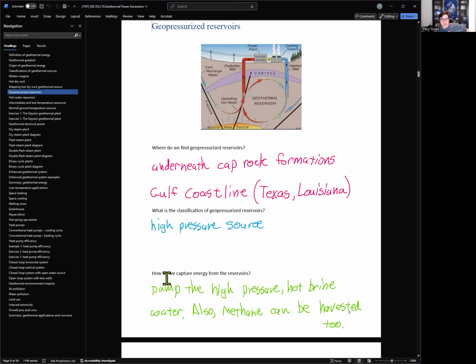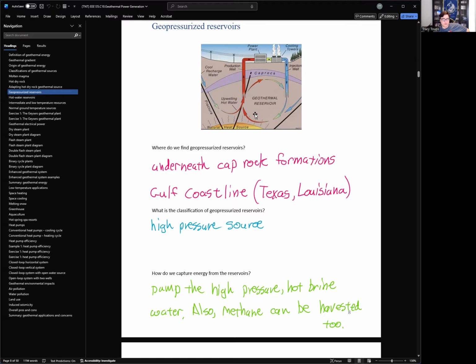Okay. How do we capture energy from this reservoir underneath this cap rock? Well, we have to first drill through the cap rock to access the reservoir. And then we're going to pump hot water into it and then use that water to extract the heat. Okay. Now, because of the way things get trapped under the cap rock, we might actually have a little bit of methane mixed in as well.